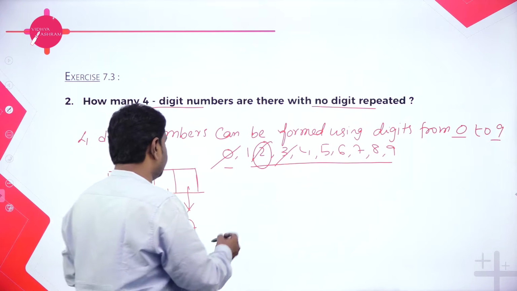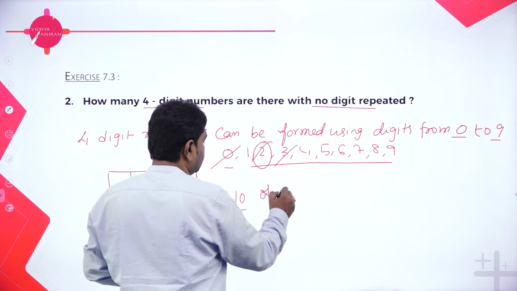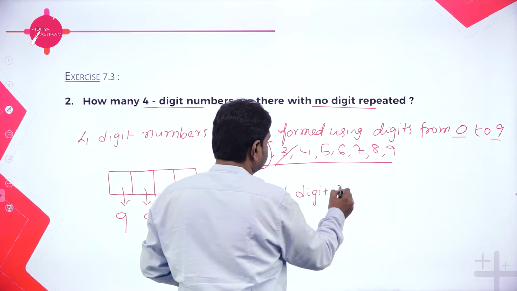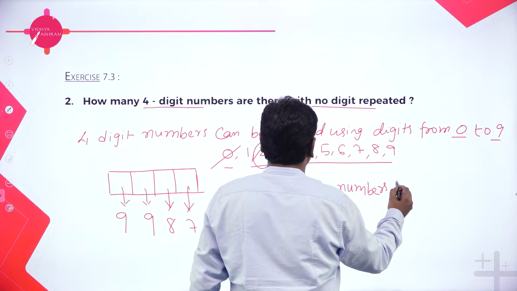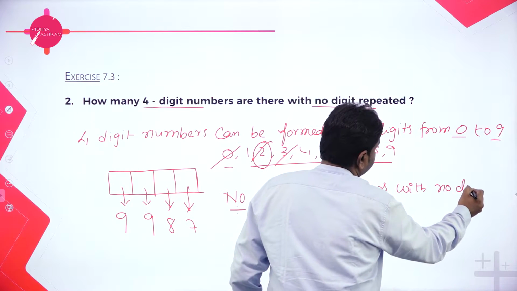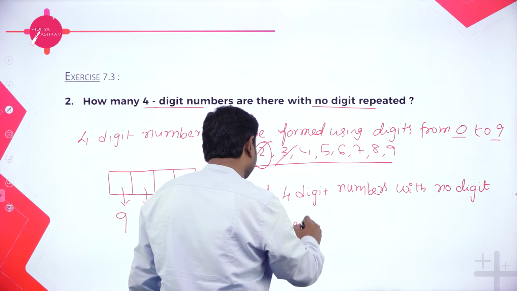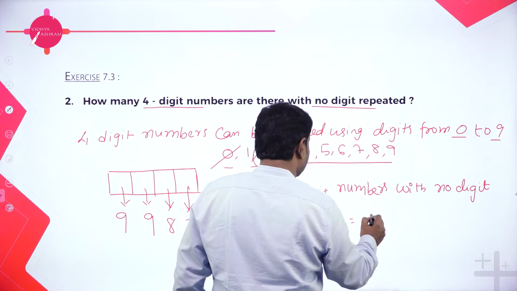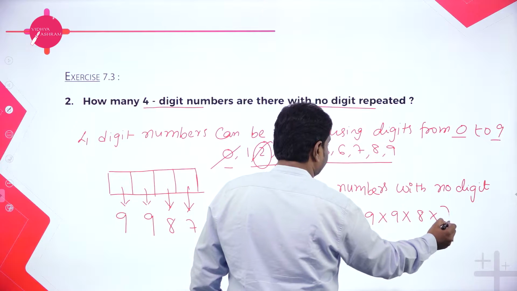Therefore, the number of 4-digit numbers without repeating digits, numbers with no digit repeated, is equal to 9 into 9 into 8 into 7.